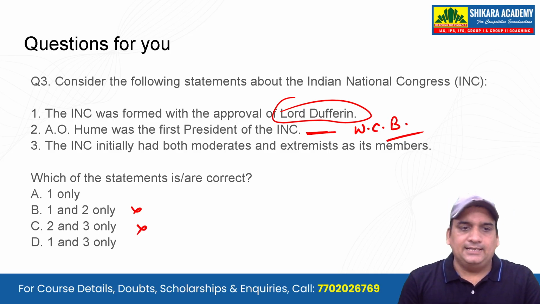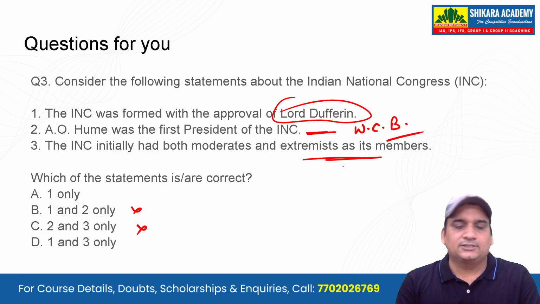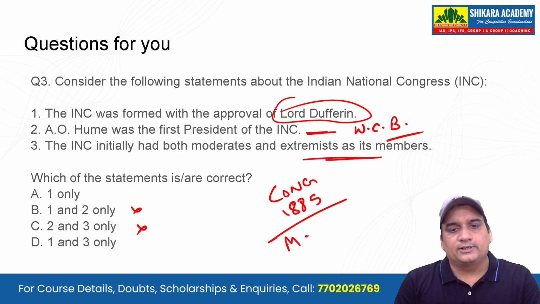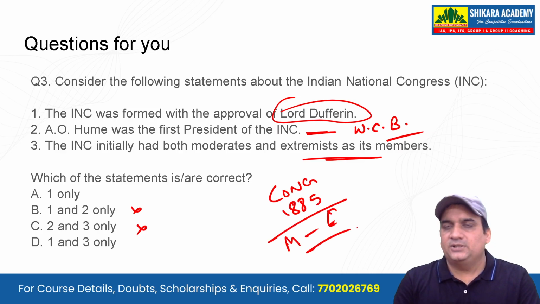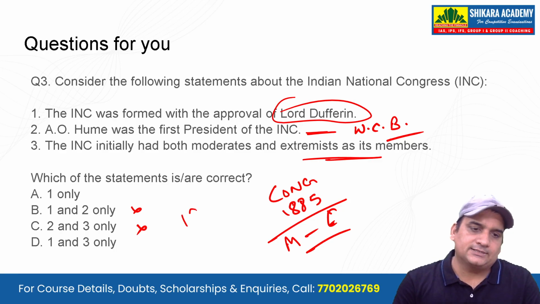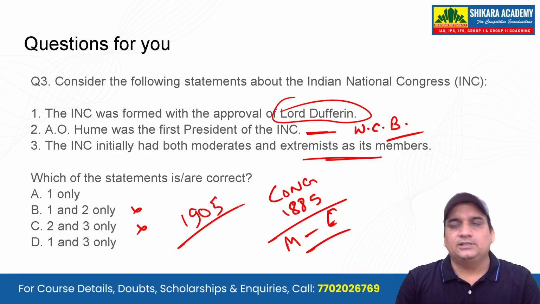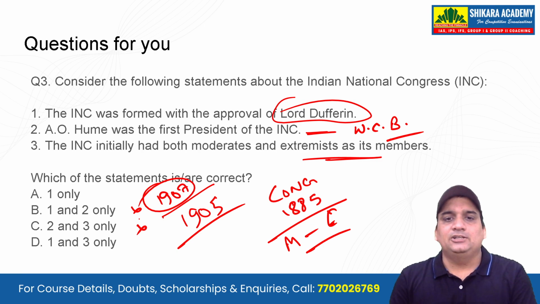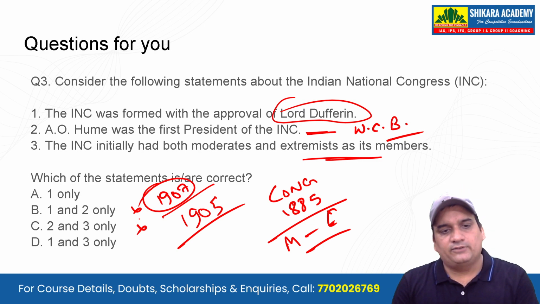Okay, the INC initially had both moderates and extremists as its members. When Congress was founded in 1885, there were no moderates separately and no extremists separately. Rather, it was something which happened after the partition of Bengal in 1905, and then we have the split in Congress in the 1907 session.